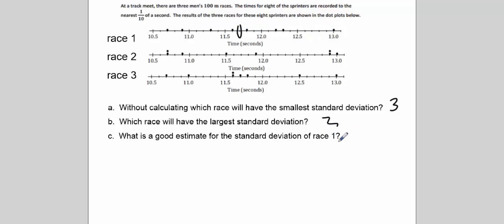I can't say perfectly, but I'd say somewhere between 0.5 and 0.8. You're not going to be perfect, but you could, again, use your calculator to calculate that if you wanted.